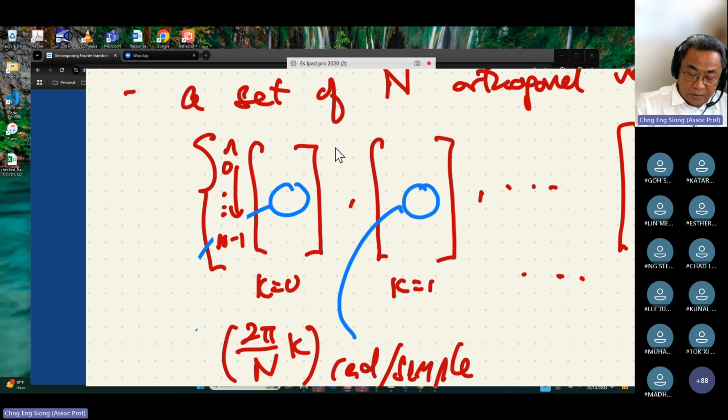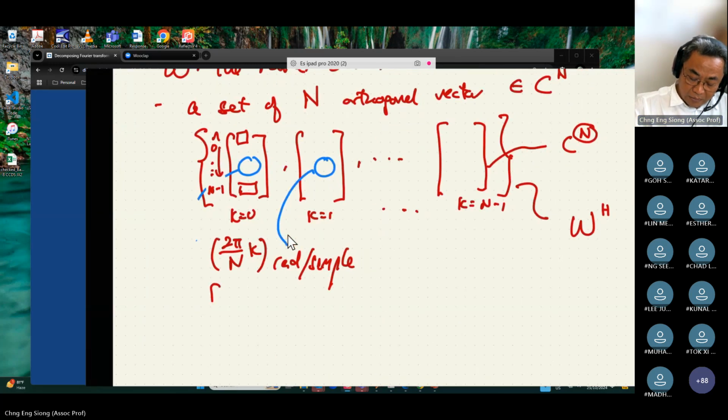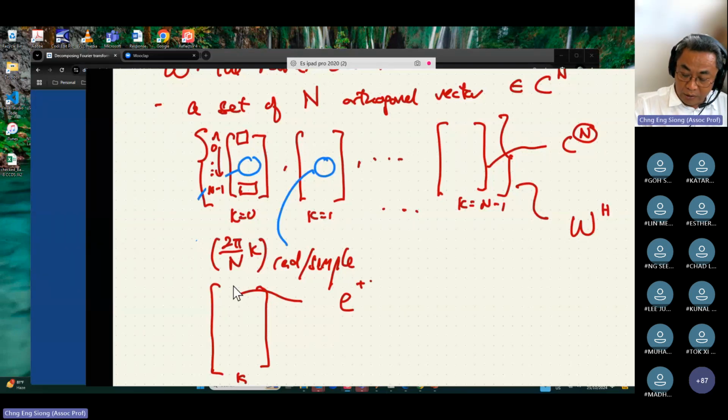Each of these elements is from n equals 0 to N minus 1. So let's examine this vector. Let's talk about the k-th column. The first element is e^{±j2π/N k}, and this is n equals 0 for the first element.